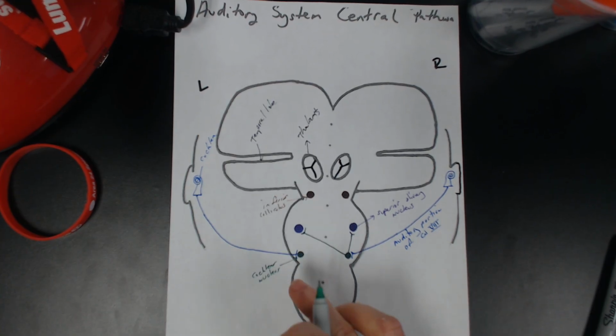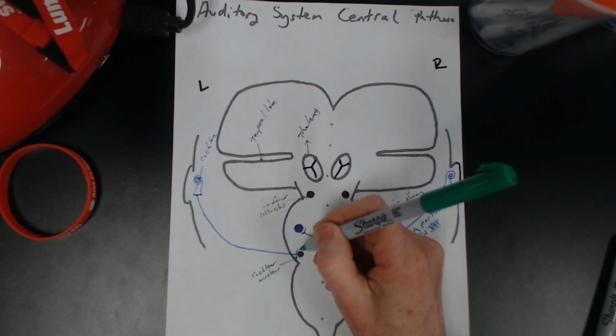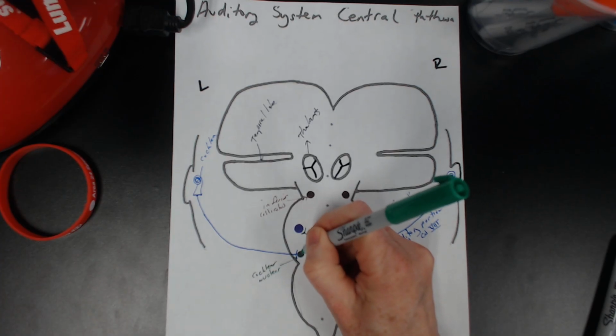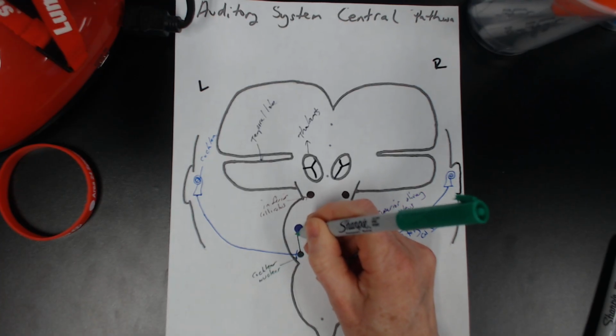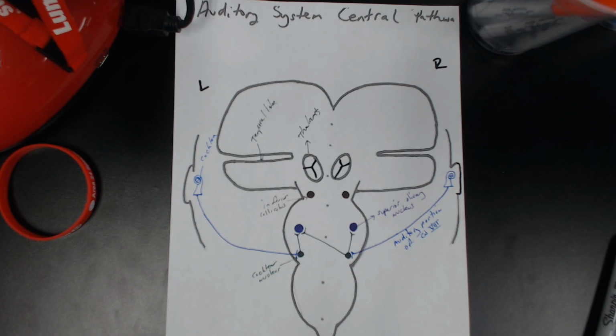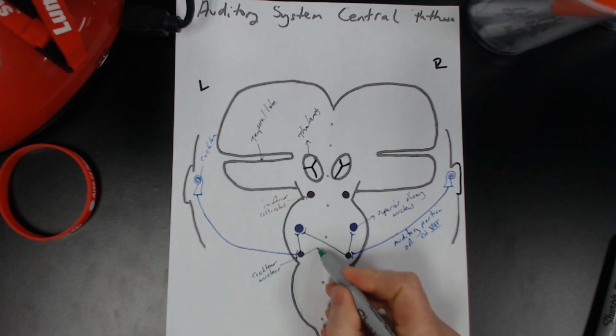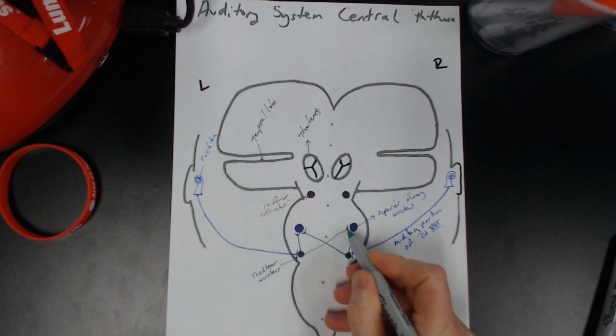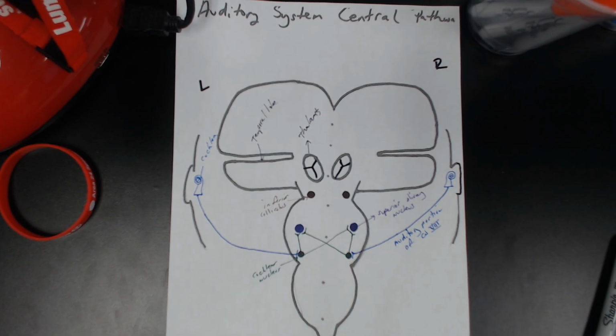Okay, and the same thing happens on the left side. Axons from the left cochlear nucleus synapse ipsilaterally with the superior olivary nucleus and contralaterally with the superior olivary nucleus.